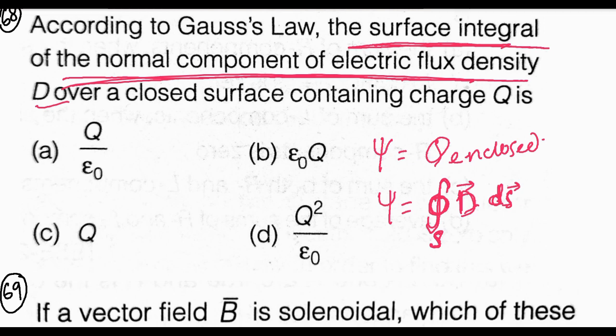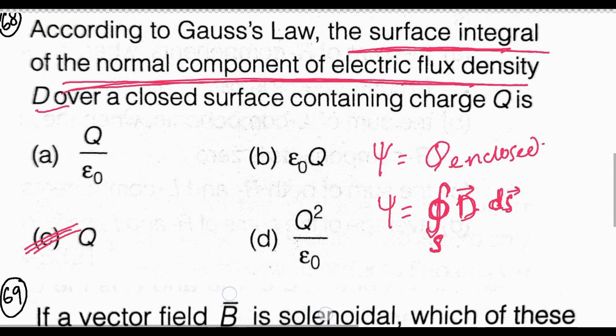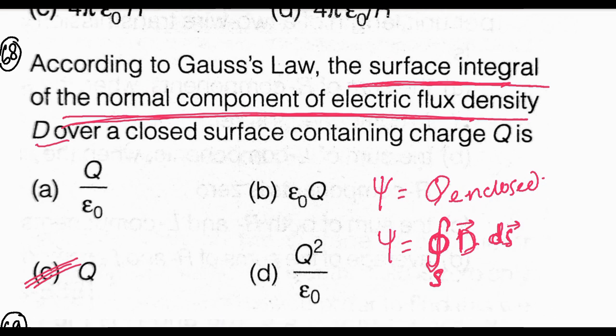So its closed integral over the surface will be the charge enclosed. So here the answer will be Q. This is directly the Gauss law, but here it is asked indirectly by the mathematical expression.